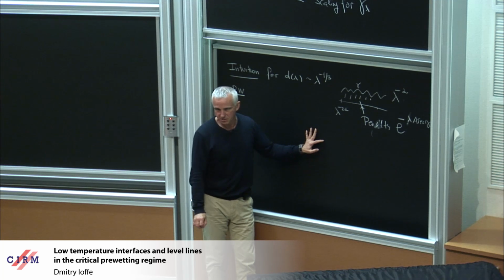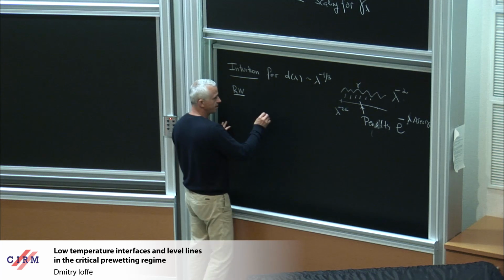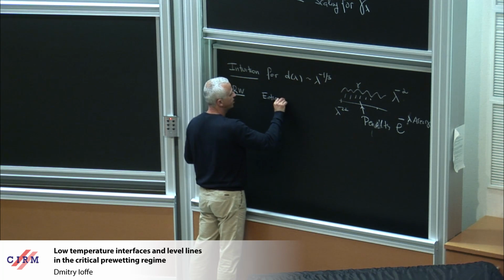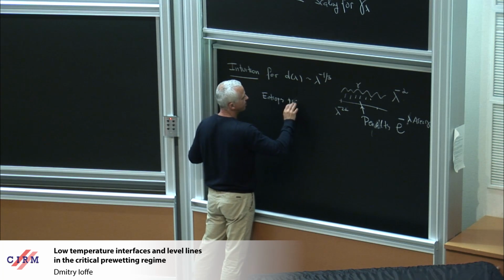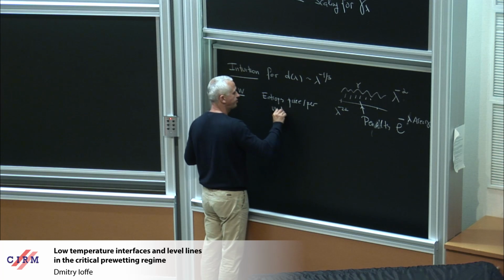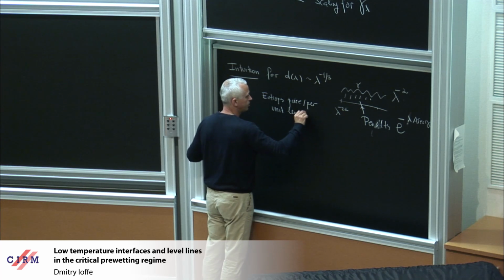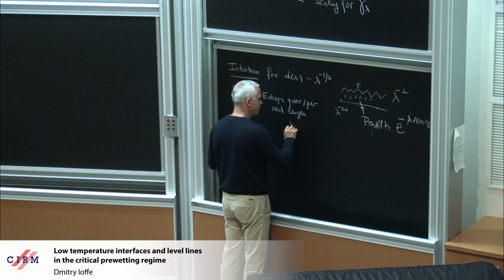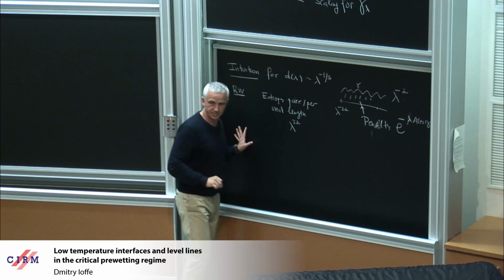Just by diffusive scaling. So it means that the entropy price per unit length is lambda to the power 2 alpha, right?